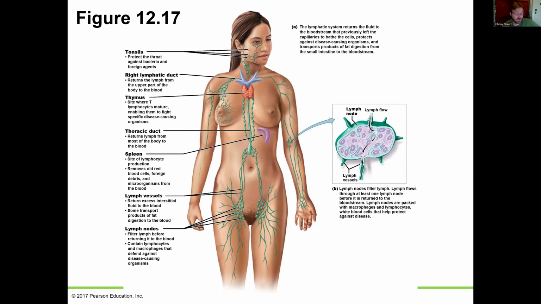As you can see here are all our lymph nodes running through the body, the points where they concentrate. And again, this is all to filter the blood, capture interstitial fluid and reintroduce it to the circulatory system, and also help produce immune cells.